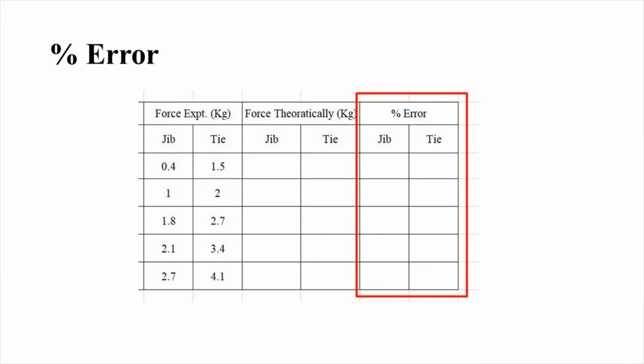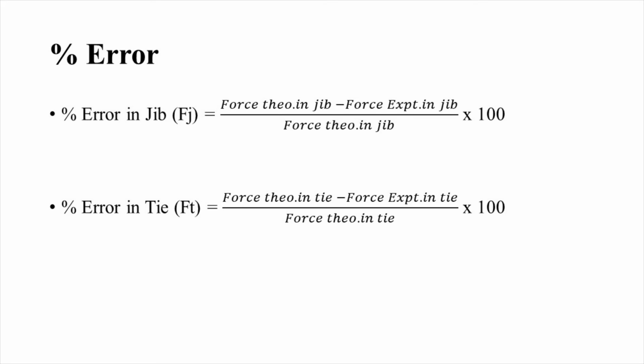Now the next part is to find the percentage error. We have the force experimentally and force theoretically. With these two values we have to find the percentage error for the jib and the tie. The equation for the percentage error in jib is force theoretical in jib minus force experimental in jib, divided by force theoretical in jib, into 100.